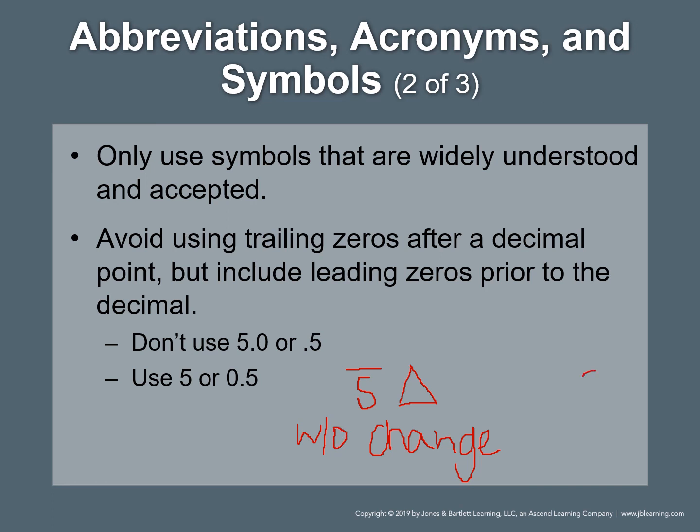This symbol, C with a line over it, means with. So this is with, this is without. Again, with and without change. Those are some of my fun ones.